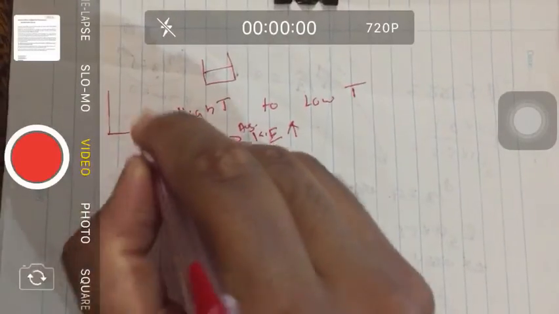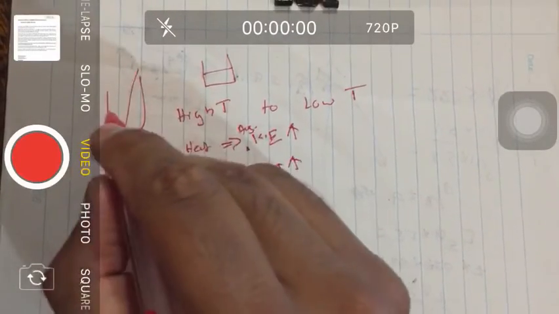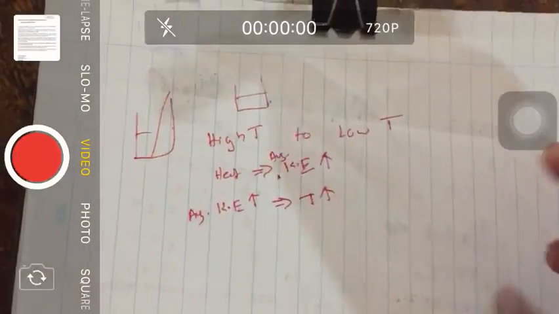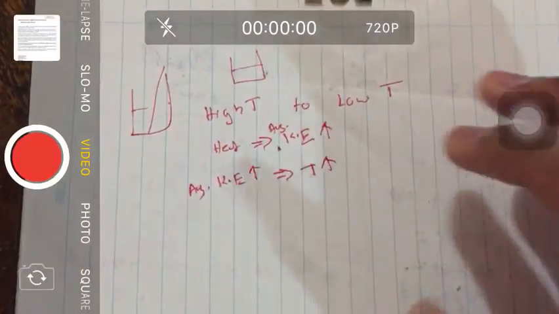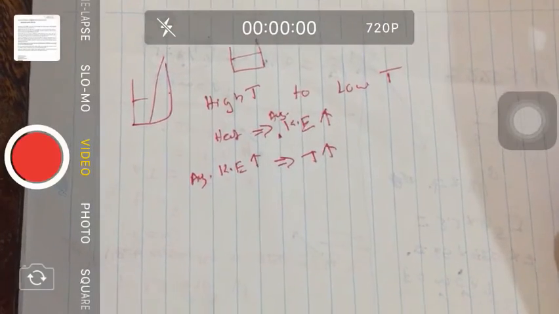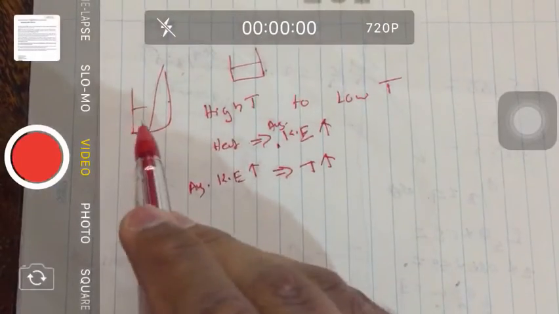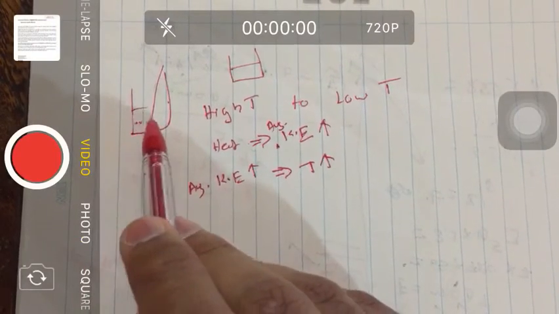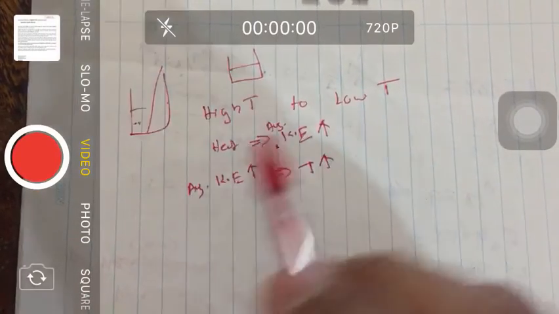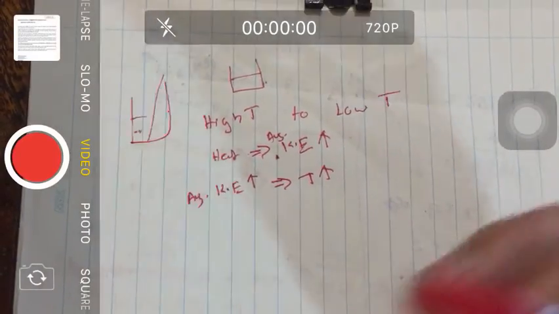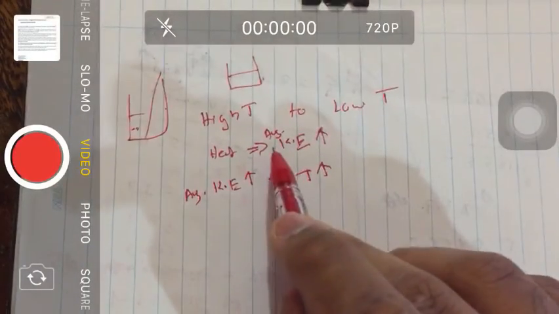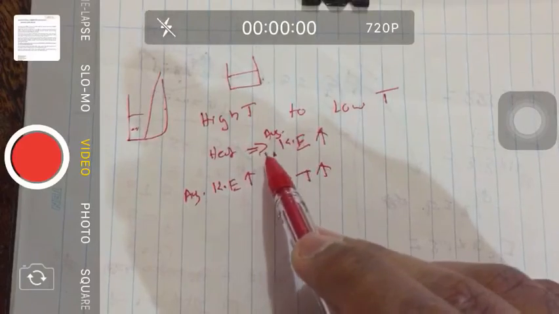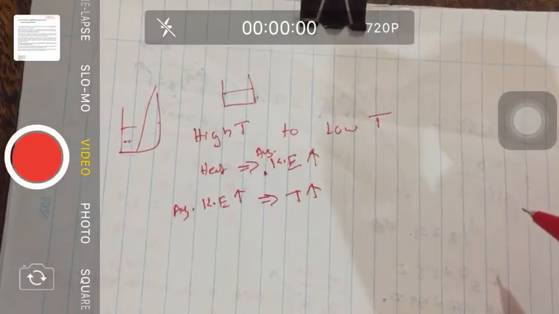You have a cup, you have a spoon, there's a hot liquid, and they are asking why the entire spoon becomes hot. So first, the liquid is at high temperature, so heat flows from that to the spoon. Then the heat energy is related to the average kinetic energy.